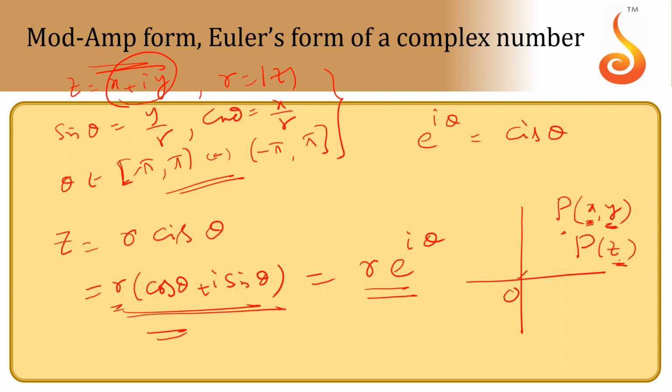Then if you join it from the origin, this will be a position vector in two-dimensional geometry. So x plus iy can be said as x i cap plus y j cap. So you have a vector form also. You have a geometrical form because a complex number denotes a point in the 2D plane. And this is called modulus-amplitude form and this is called Euler's form. Euler's form is useful in finding the logarithm of a complex number.